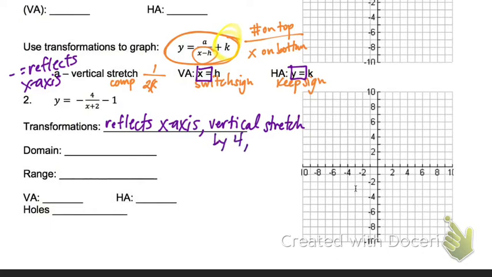What does the x plus 2 tell me? A vertical asymptote of 2, and the right, left, up, down rules still apply. So if it's x plus 2, does that tell me it goes to the right or to the left 2? Left, because it's the opposite sign. And the minus 1 tells me down 1.